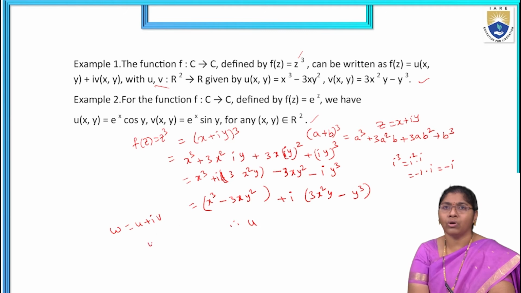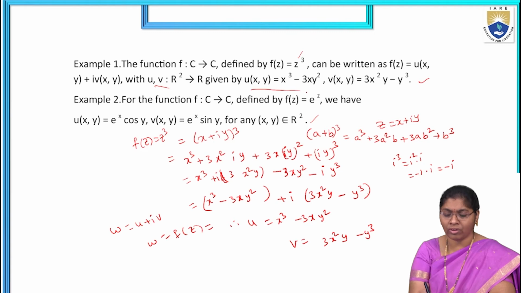Now w equal to f of z, here u equal to x cube minus 3x y square and v equal to 3x square y minus y cube. Here u of x comma y equal to x cube minus 3x y square and v equal to 3x square y minus y cube. Hence this problem is completed.